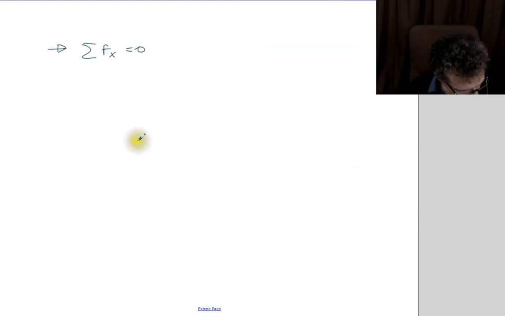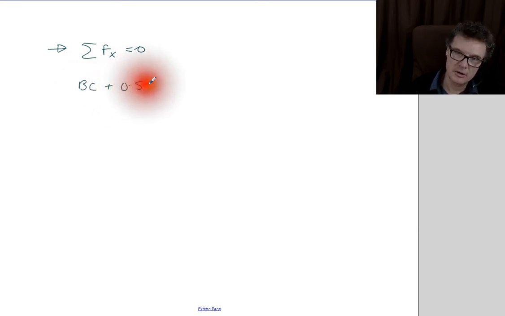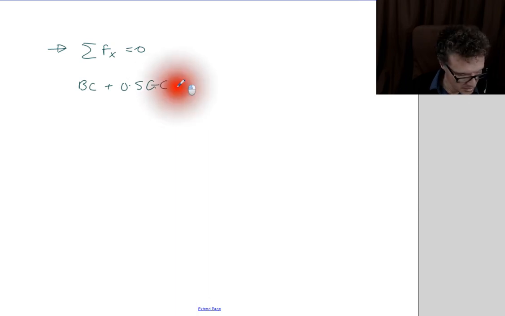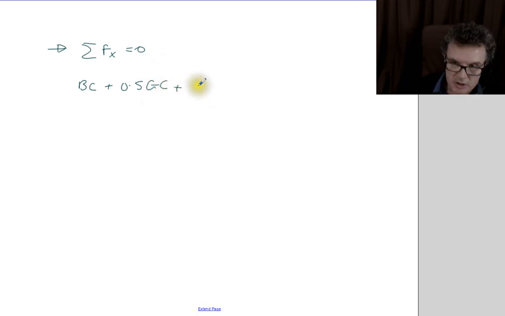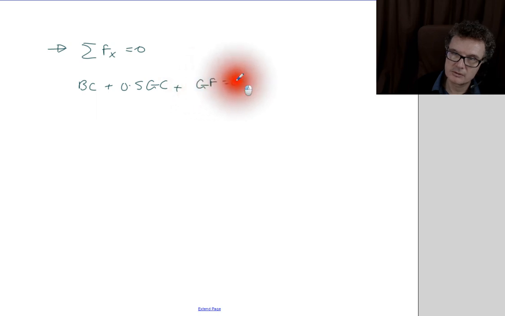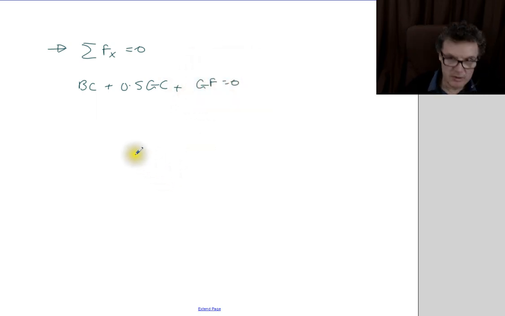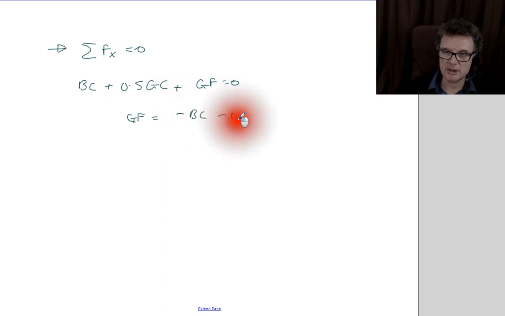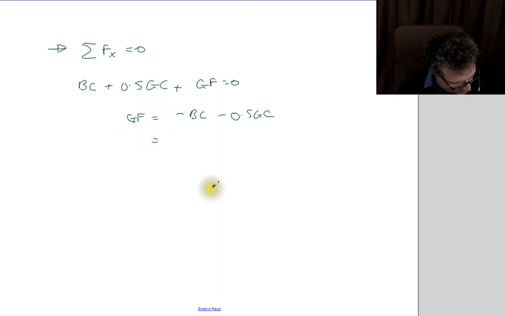So when we resolve stuff in the x direction, we've got the BC, start with that one, the half GC, and what was the other one? GF. Okay, we're looking for GF. So GF is going to be minus BC and minus 0.5 GC. Okay, so substitute those values in.